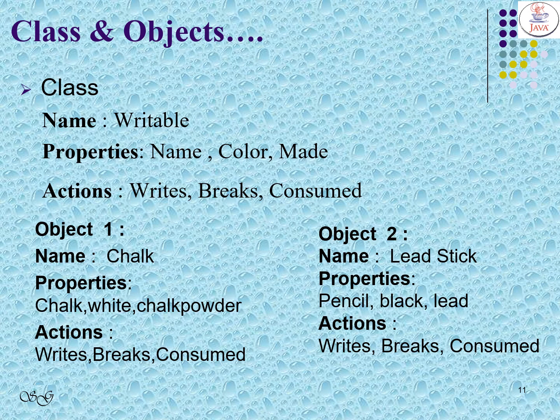We can consider another object of the same class, Writable, as lead stick, whose properties are: the name of the object is pencil, the color is black and made of lead, and which possesses the same functionality: writes, breaks and consumed. This example explains that a class can be defined and we can create n number of instances of the class, that could be object 1, object 2, which have different properties and the same behavior.